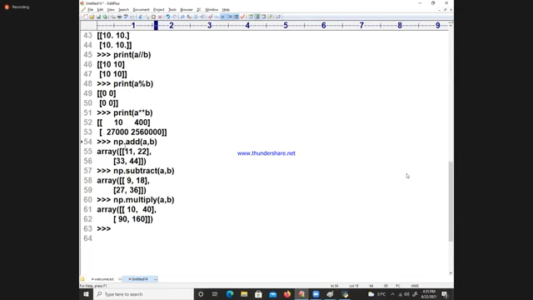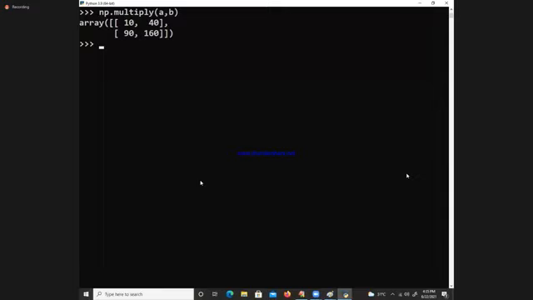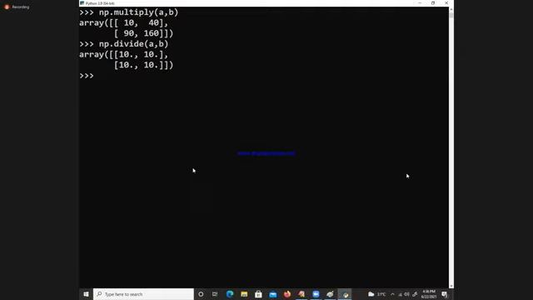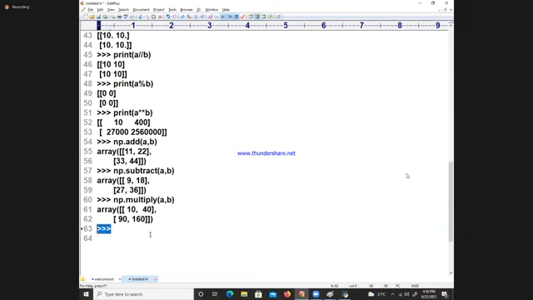Later I started with add, subtract, multiply. Divide also I can write, divide of a and b, and you will get the same answer. It is not at all difficult and is easy for us to understand.